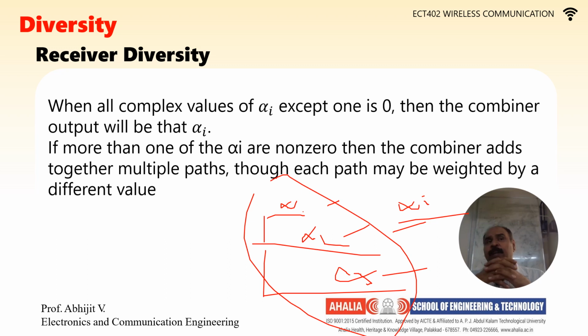If there are multiple paths, we take the sum of all these paths with a weighted value.